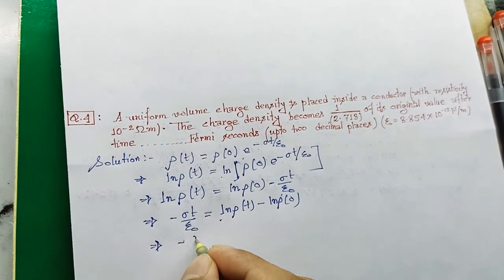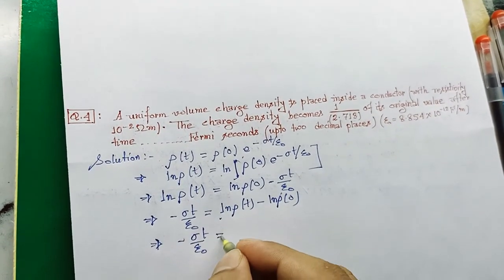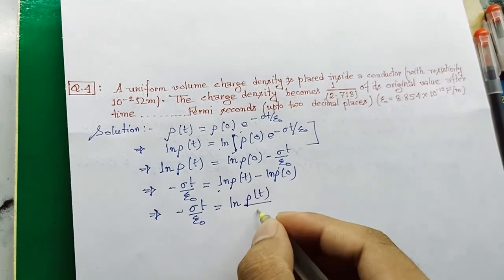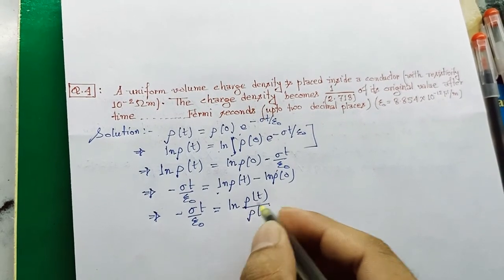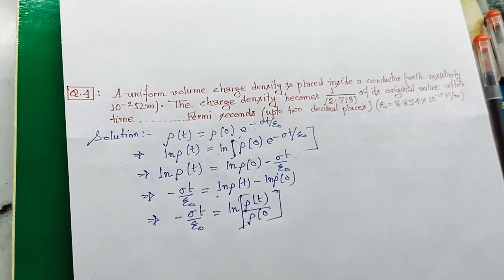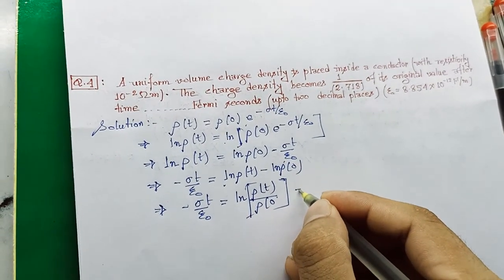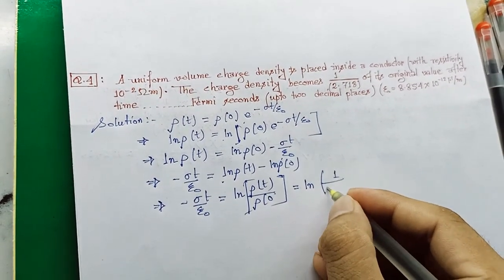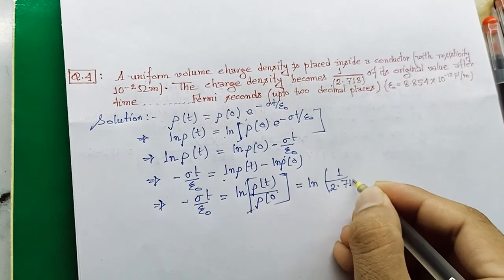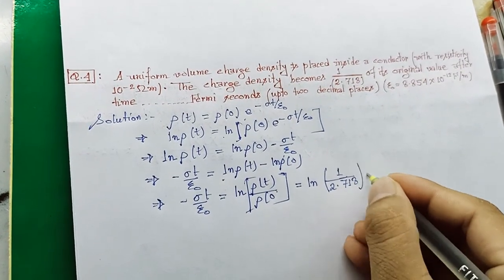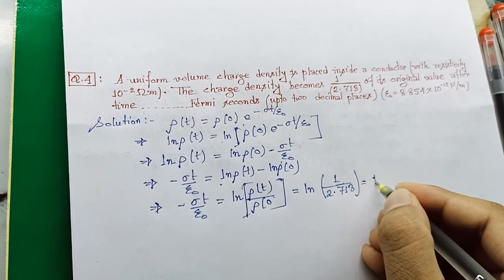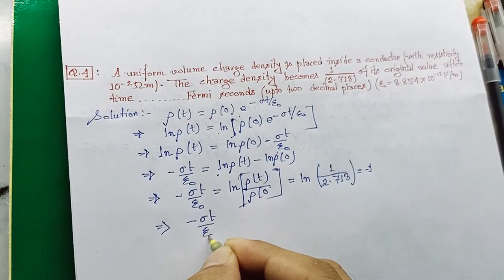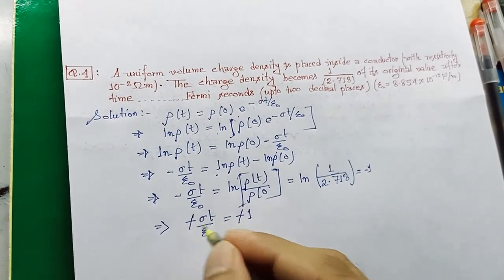So value of sigma t divided by epsilon naught will be equal to log rho of t divided by rho of 0, which provides us log 1 divided by 2.718. This value, if we calculate, becomes minus 1. Now we are seeing that minus sigma t divided by epsilon naught is equal to minus 1. This negative sign will get cancelled.